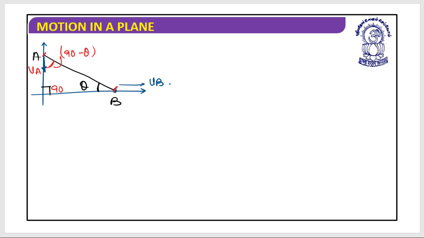Now if I look at this, it is moving in this direction, and if I extend this, this would be the angle theta. So this would be VB cos theta, and this would be VA cos(90 minus theta), and I know that cos(90 minus theta) equals sin theta, so VA sin theta.